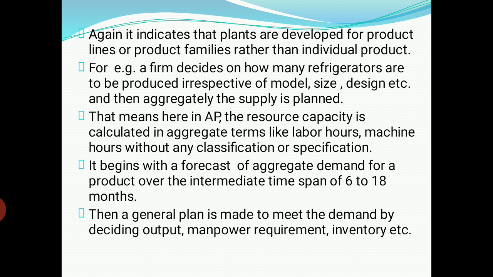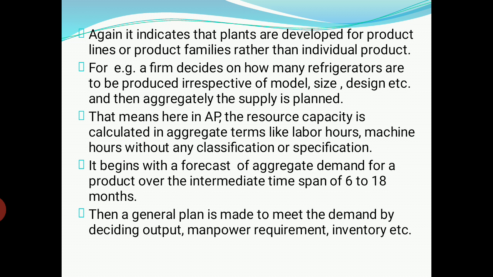Now, in the next 1 or 1.5 years, he may find that there may be a change in the demand for refrigerators. That means there may be a rise in the demand, and he needs to produce more refrigerators. Then whatever the basic requirement to produce these refrigerators, he tries to manage.